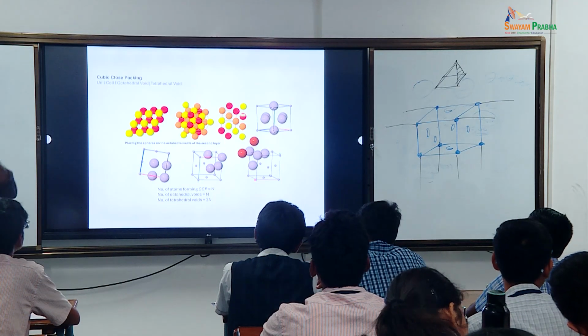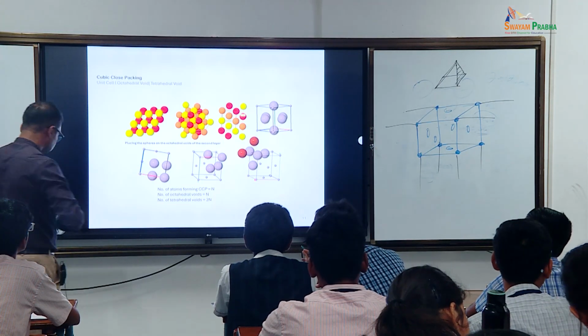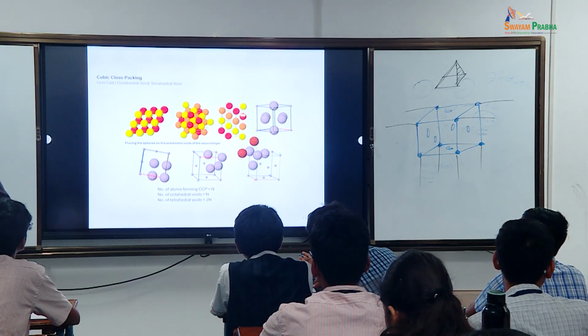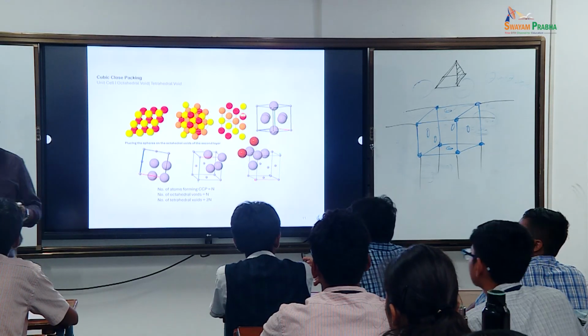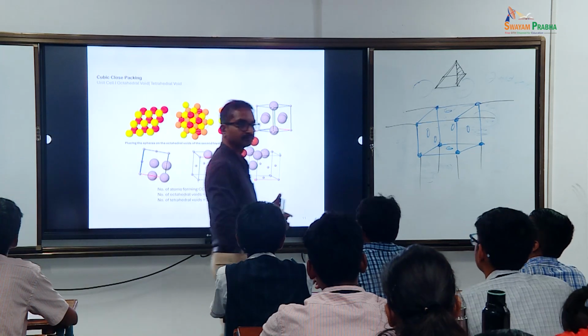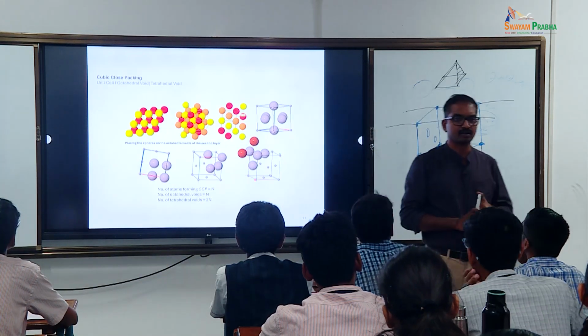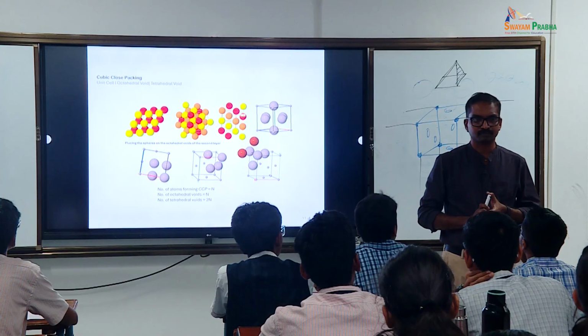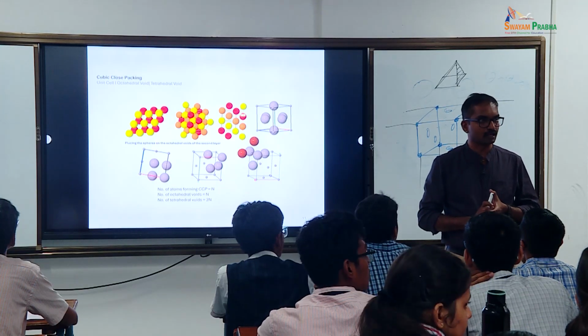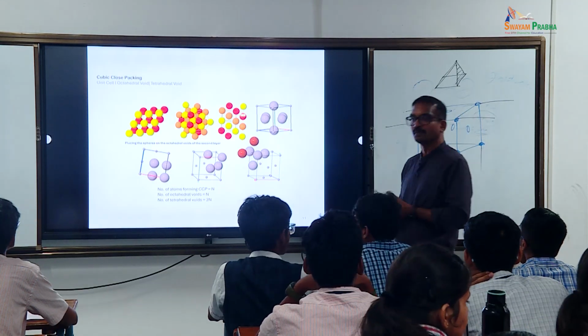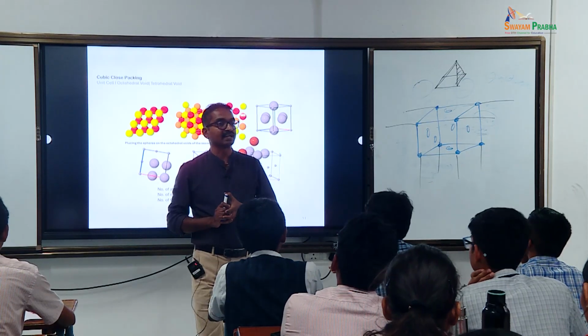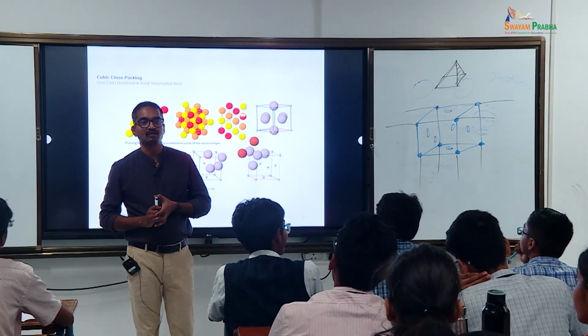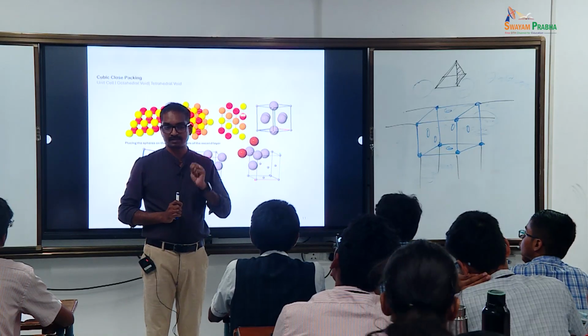So I generalize: if I have n atoms, I will have 2n tetrahedral voids and n octahedral voids. Clear? So if you have a lattice wherein the unit cell delivers n atoms, n octahedral voids, 2n tetrahedral voids, that has to be a face centered cubic lattice. Okay?